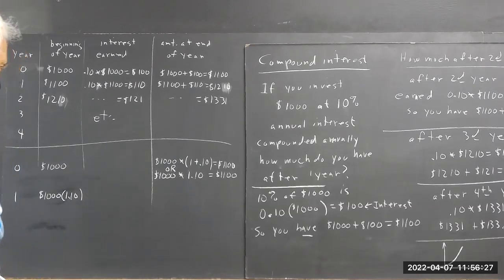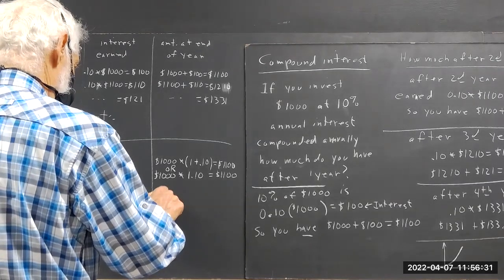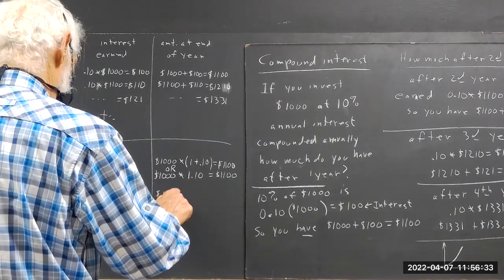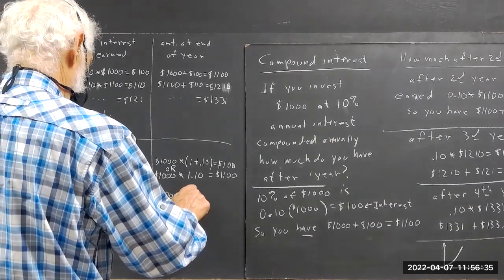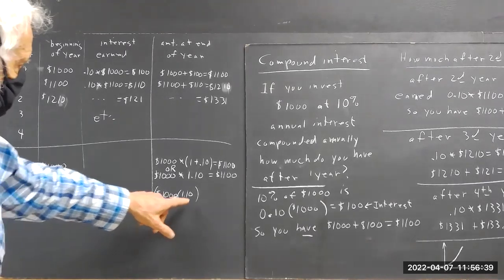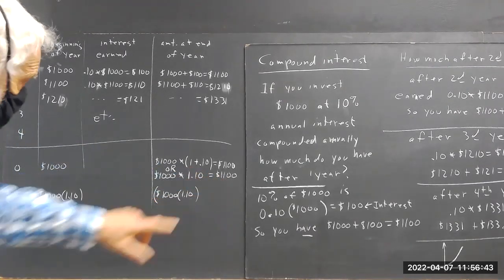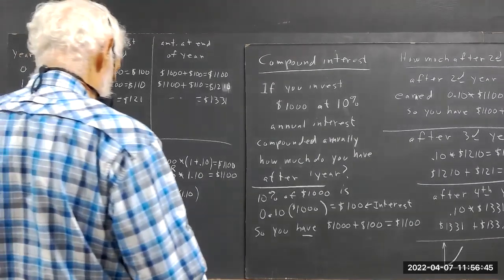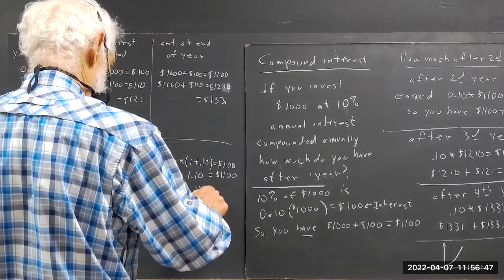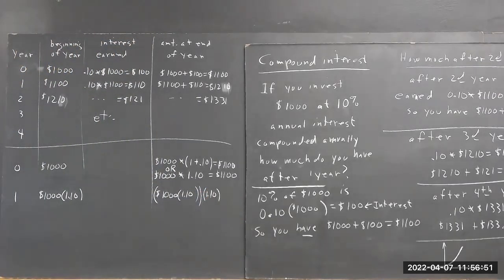So what do we have at year 2? Well, at year 1, we had 1,000 times 1.10, which was our 1,100. And we multiply that by 1.10.